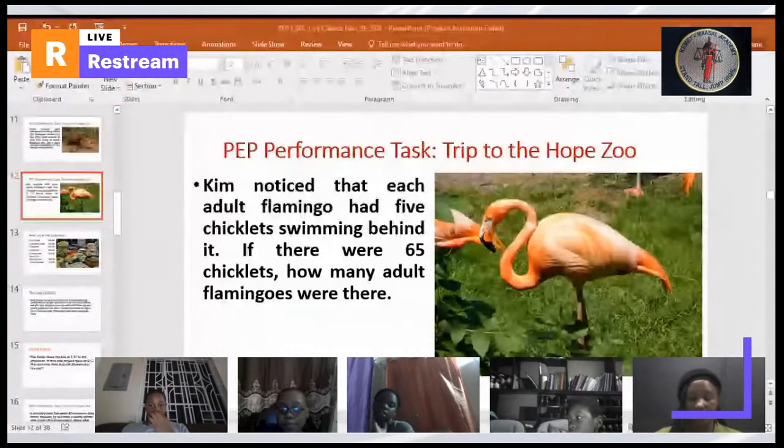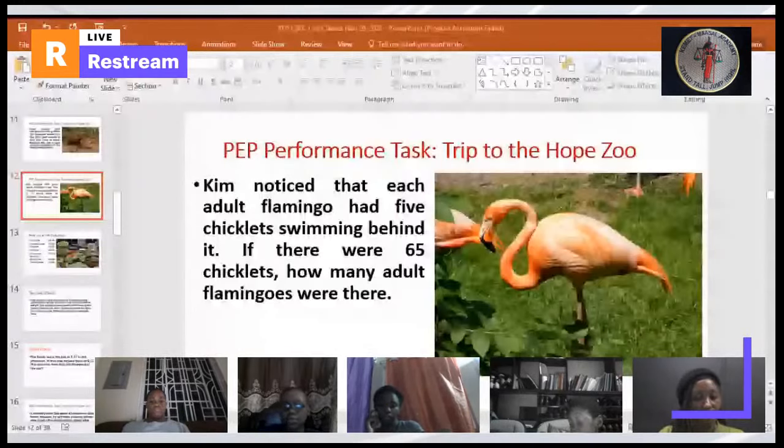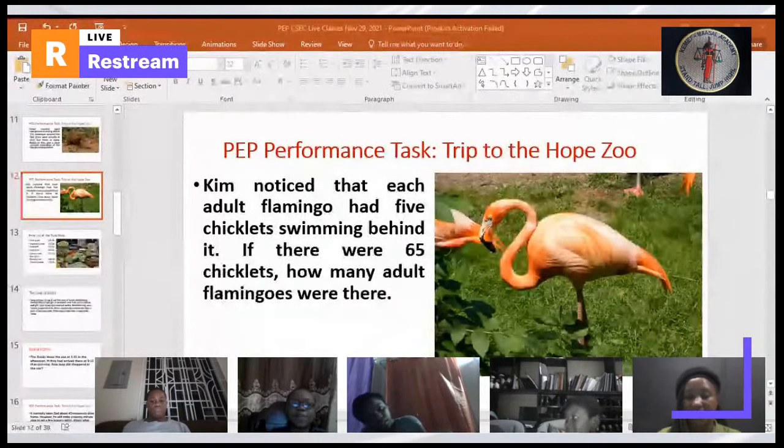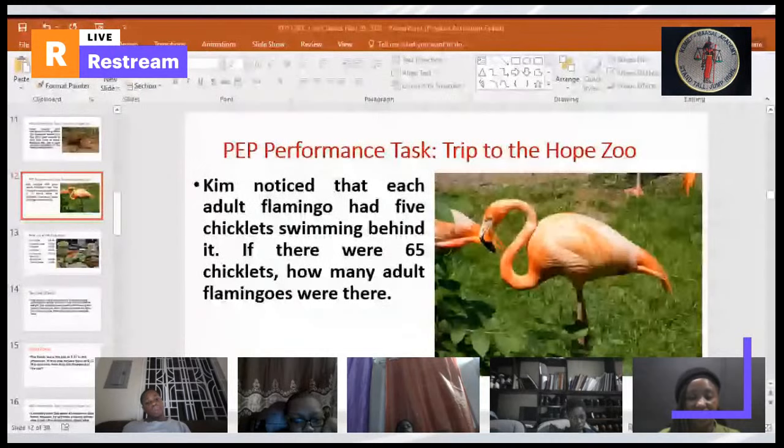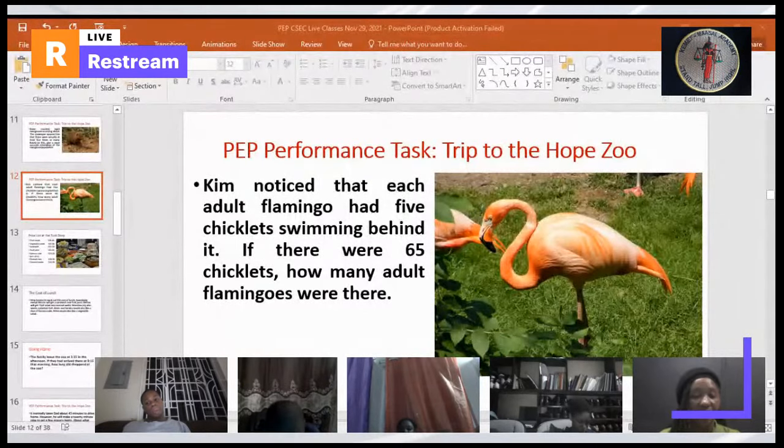So basically, there's another way that we can do it. Can we divide 65 by 5, miss? Yes, absolutely, Antoine. 65 divided by 5, since each of them has 5 chiclets behind her or him.